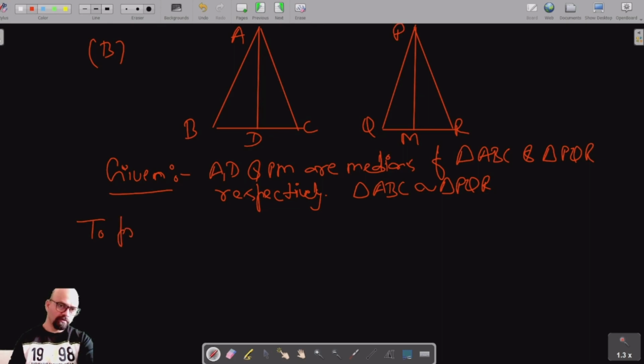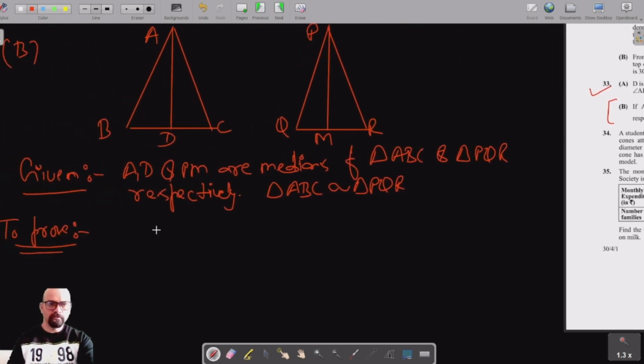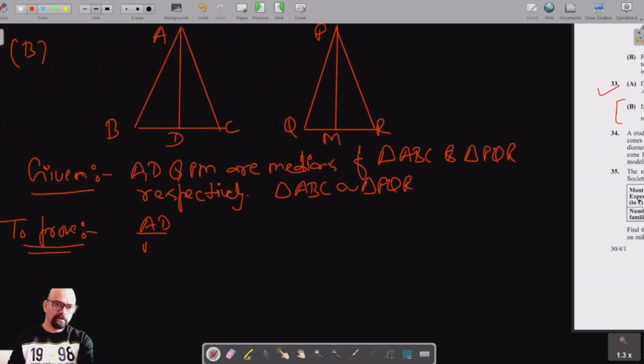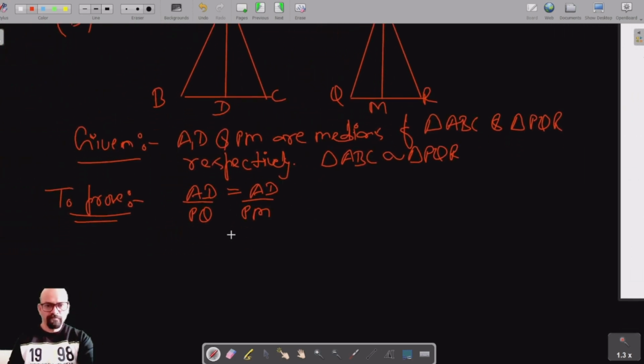Now it's asked to prove that AB by PQ has to be equal to AD by PM. That's what we have to prove.